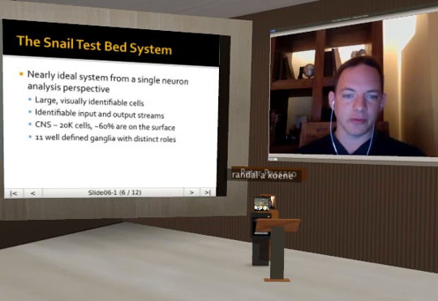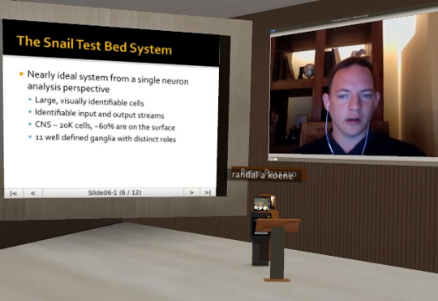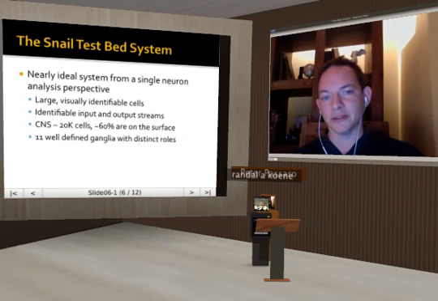So it's very observable. The CNS has about 20,000 cells, so it's a manageable size in terms of complexity and modeling. 60% of these cells are on the surface of the CNS, which is important for us because the recording technology we're using is limited to the surface.